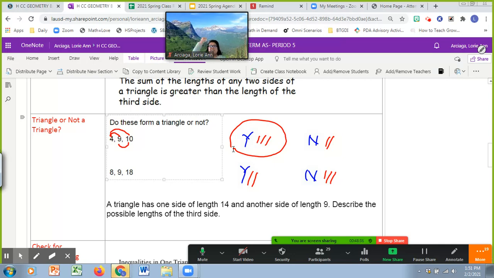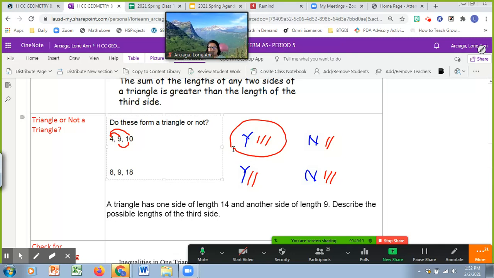Before we answer number 2, I got 2 yeses and 3 no's. Can you try it? Add any pair and make sure the sum is greater than the remaining side. Okay, so Rihanna said 8 plus 9 is equal to 17, and I said 1 ruins it for all.